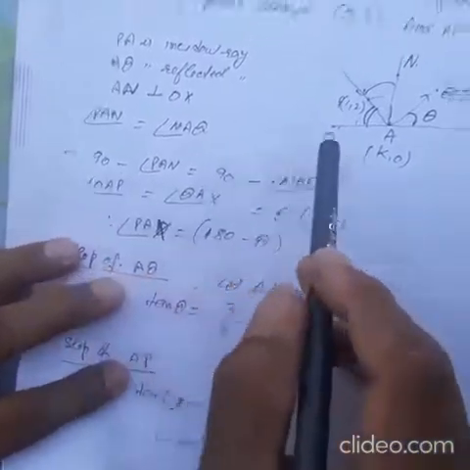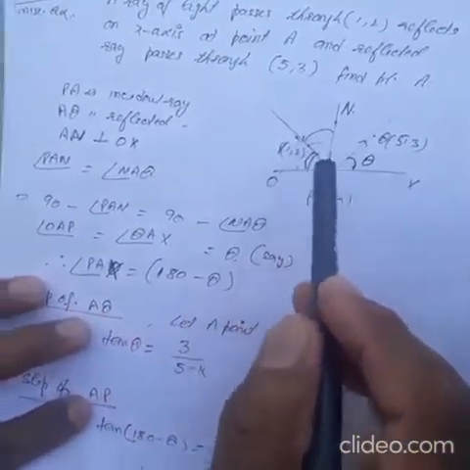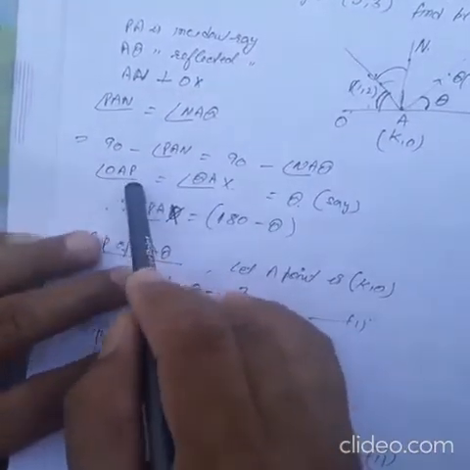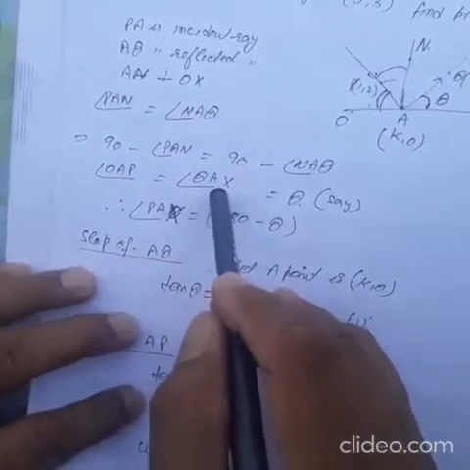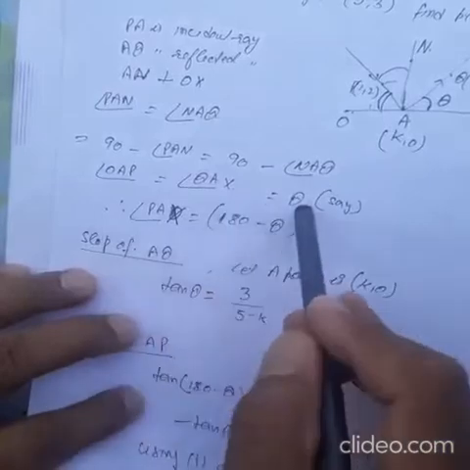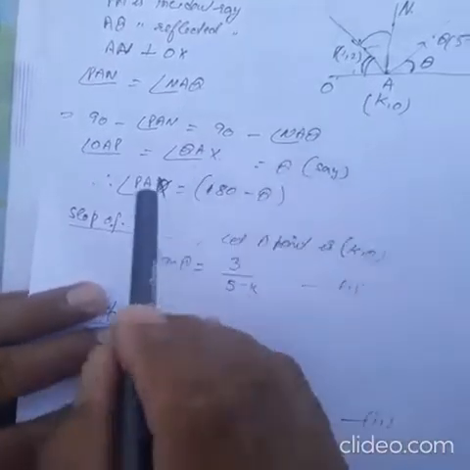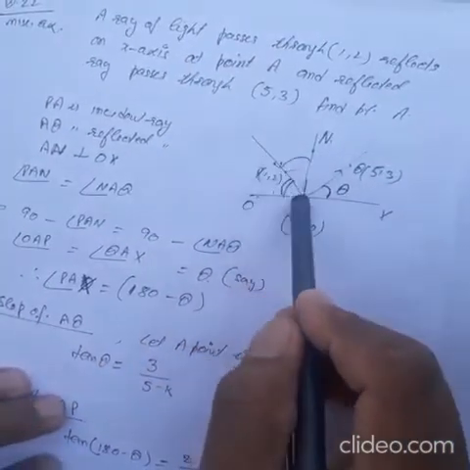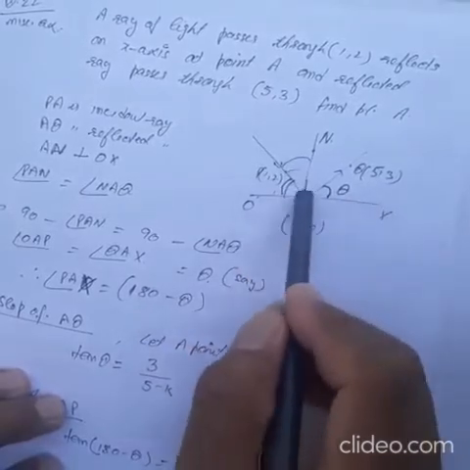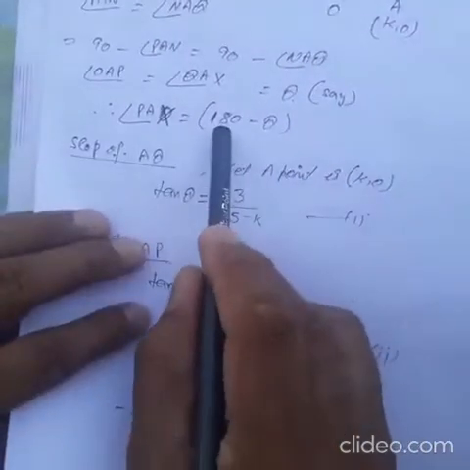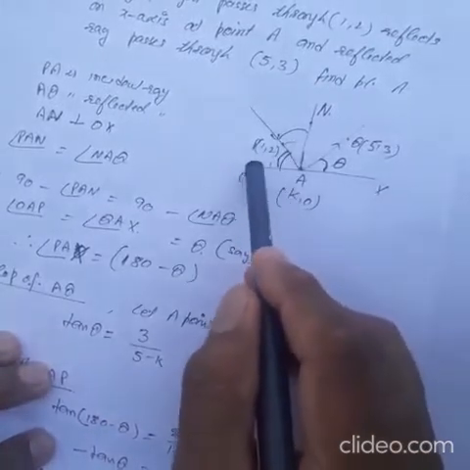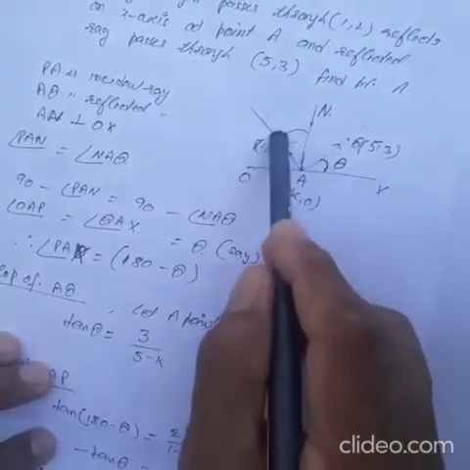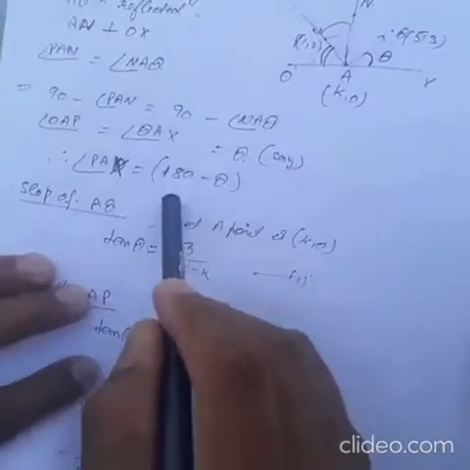So 90 minus PAN will be angle OAP. OAP is equal to angle QAX. Let these angles be theta. Now we want to find angle PAX. This is 180 minus theta, because this angle is theta and the total angle is 180 degrees.